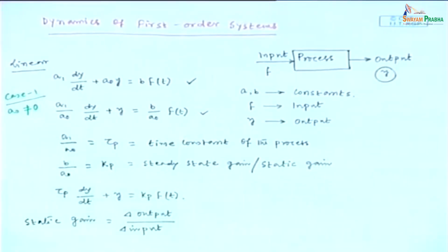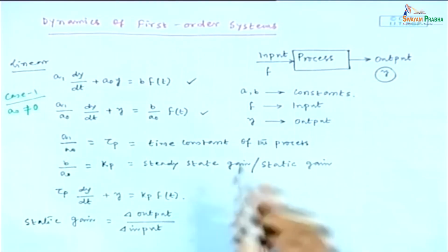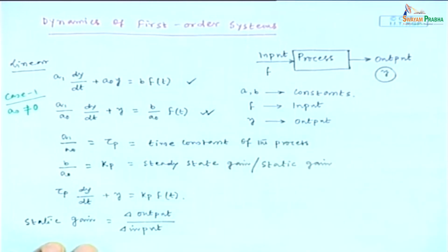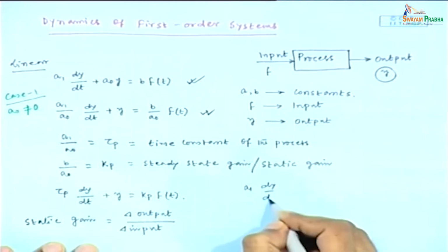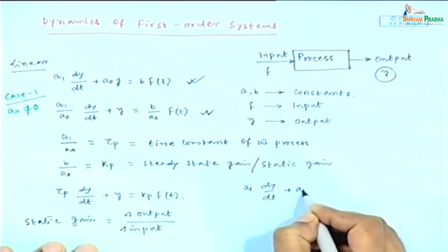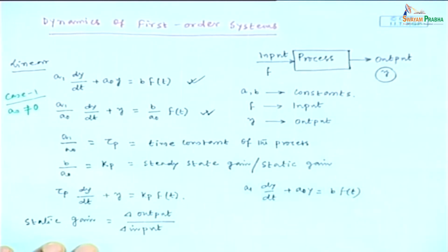So, we know the modeling equation: a1 by a0 dy/dt plus y equals b by a0 f(t). So, what will be the steady state form of this? If we consider the first equation, I mean a1 dy/dt plus a0 y equal to b f(t), this is the modeling equation.